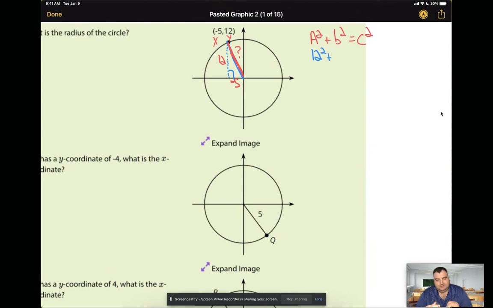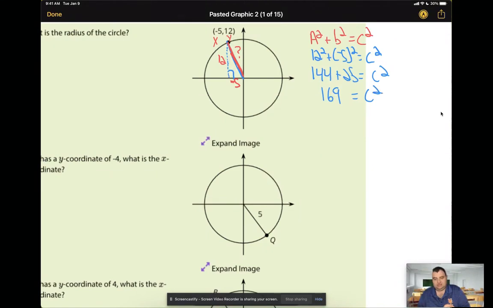12 squared plus -5 squared equals c squared. And I can now solve for c here. So 12 squared is going to be 144, okay? Negative 5 squared, that's negative 5 times negative 5, is going to be 25, equals c squared. So 144 plus 25 is 169.